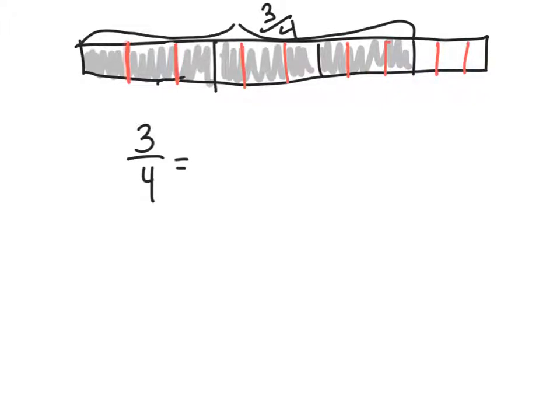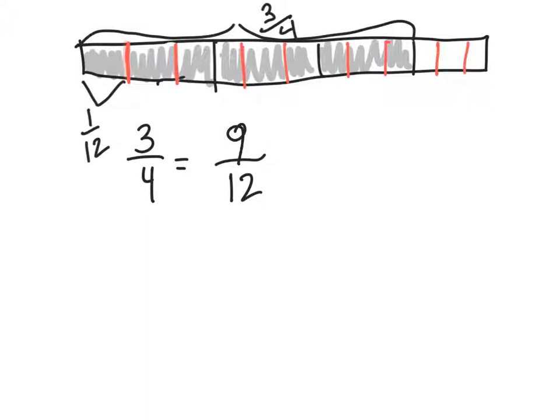So one of these things is equal to 1/12. So our denominator is going to be 12, and we have shaded in 1, 2, 3, 4, 5, 6, 7, 8, 9. 9 in the numerator. We shaded in 9. So 3/4 is equal to 9/12.